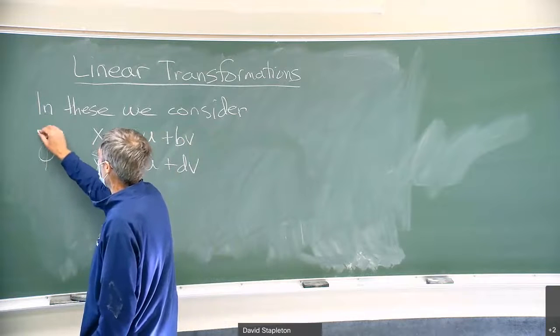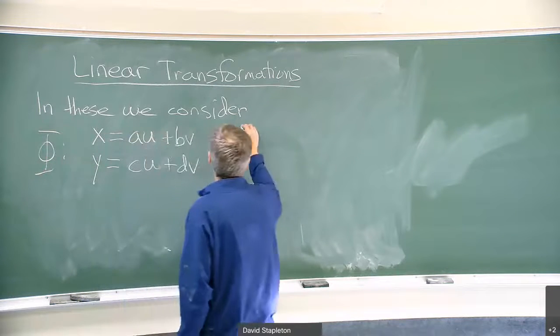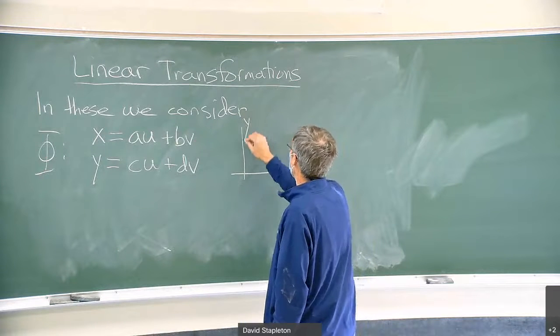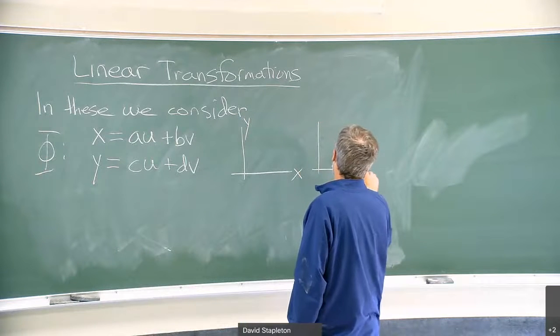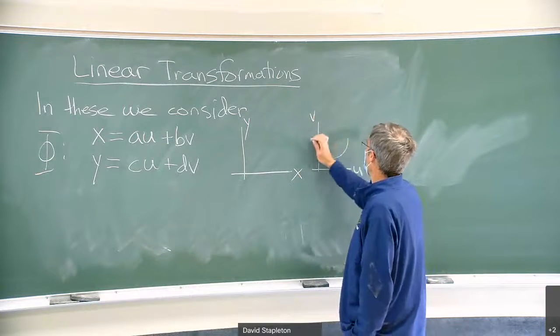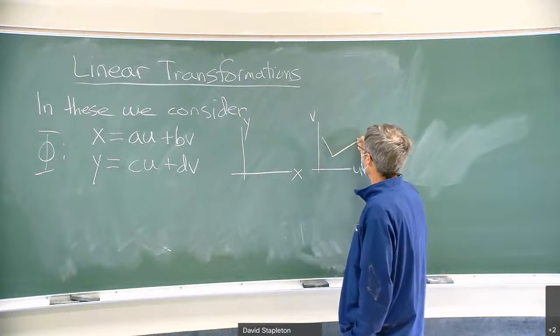We call it some map phi, and the idea is it takes and maps regions in the UV plane. Let's do something like this.